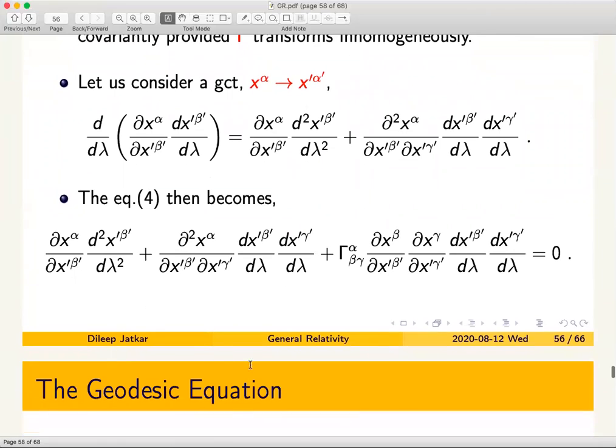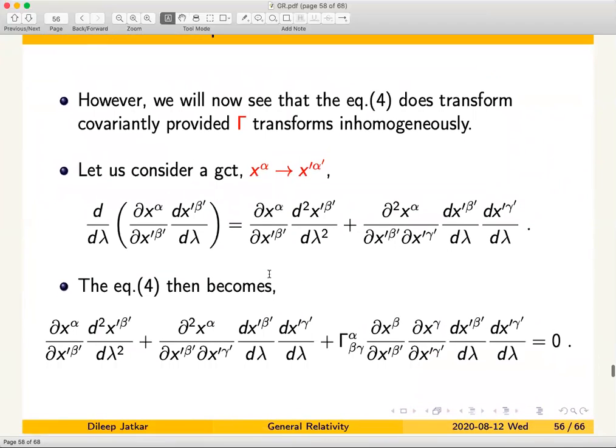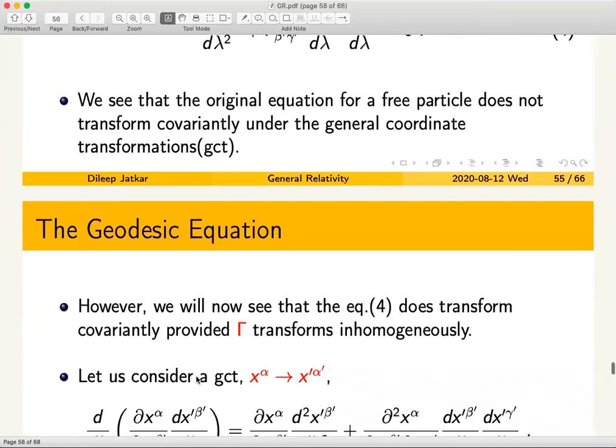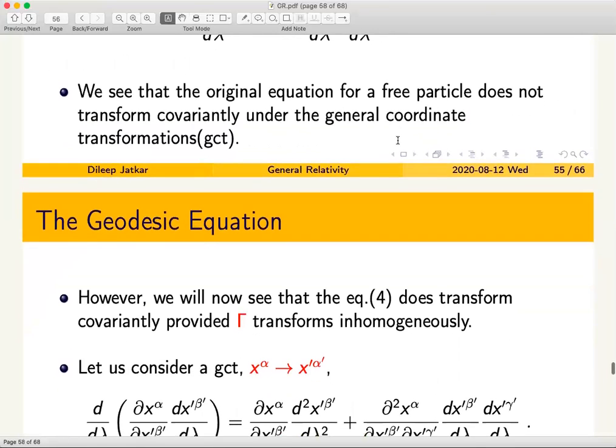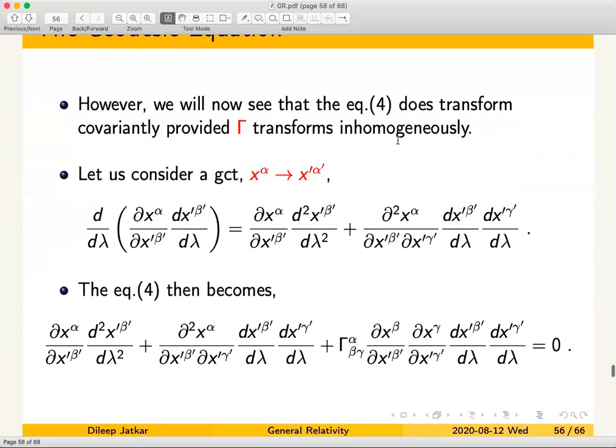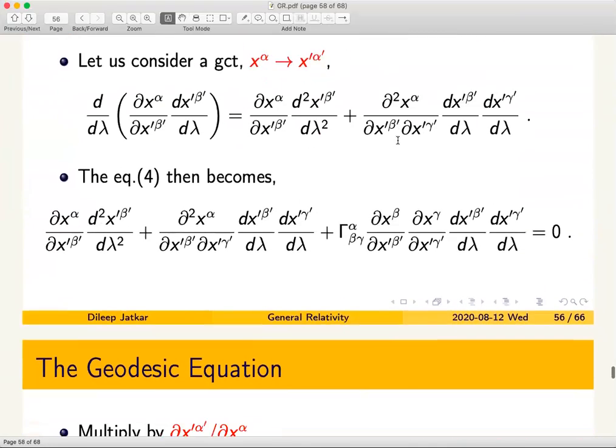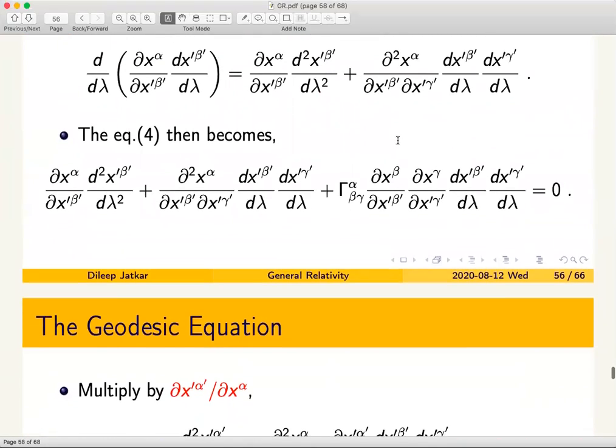Now if we want this entire expression to be form invariant, that means it looks exactly the same as this expression, except that primes are replaced by unprimes or unprimes replaced by primes, but the expression is the same, then that would happen by defining how gamma would transform.